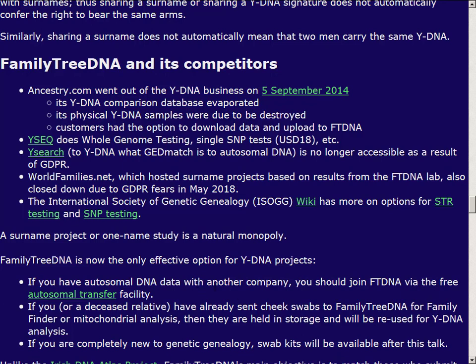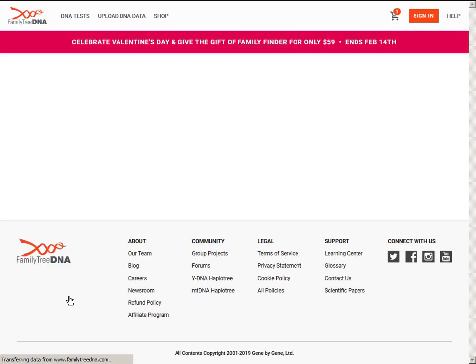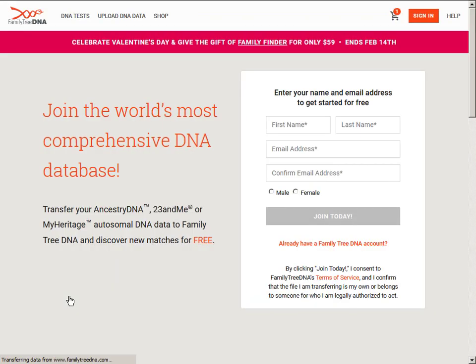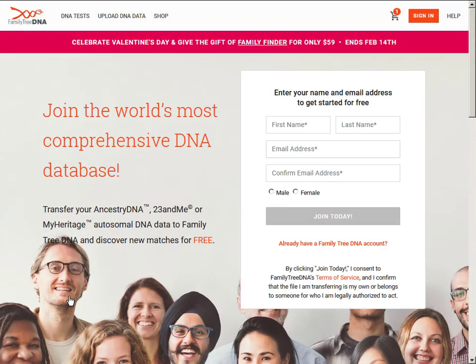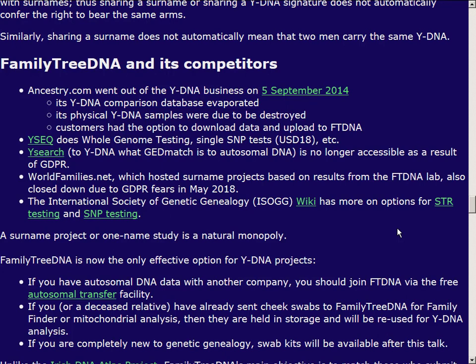If you're not a Family Tree DNA customer, but you are with Ancestry or 23andMe or one of the other companies, there's a free autosomal transfer facility where you can download your data from the other company, upload it to Family Tree DNA just by filling in that form and following the instructions. And then they'll send you out swabs and they'll associate your Y-chromosome results with your autosomal DNA results.